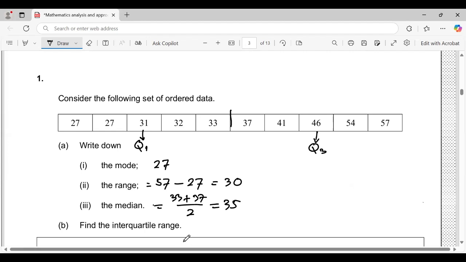Okay, so the interquartile range, or IQR, is Q3 minus Q1, 46 minus 31, and it is 15.